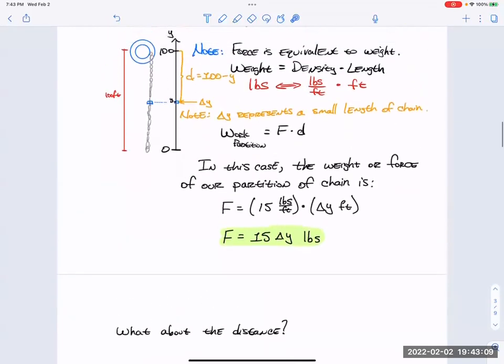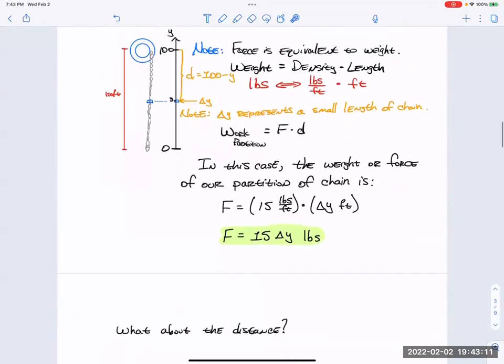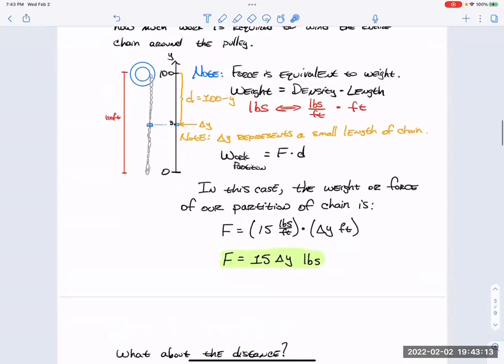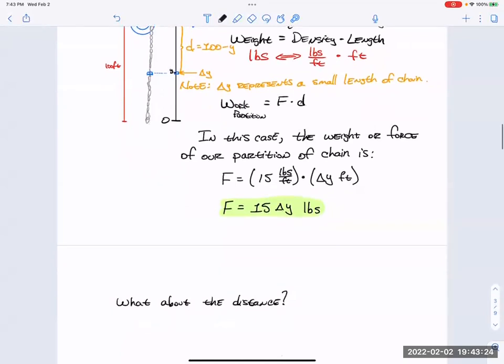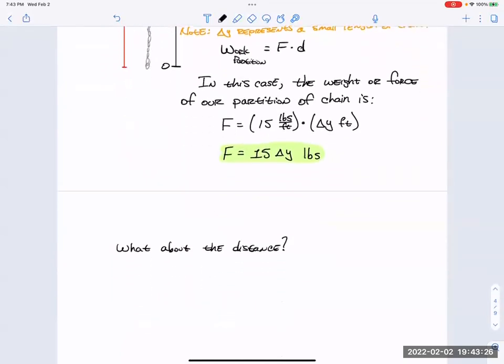If we look at our picture here, we see that the distance that our arbitrary partition has to travel to get to the top is 100 minus y. So now we have our distance, d, equal to 100 minus the location of that arbitrary partition, which is 100 minus y.